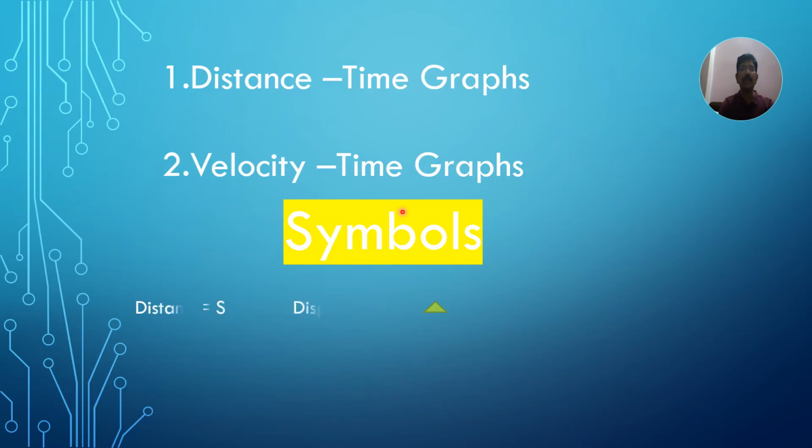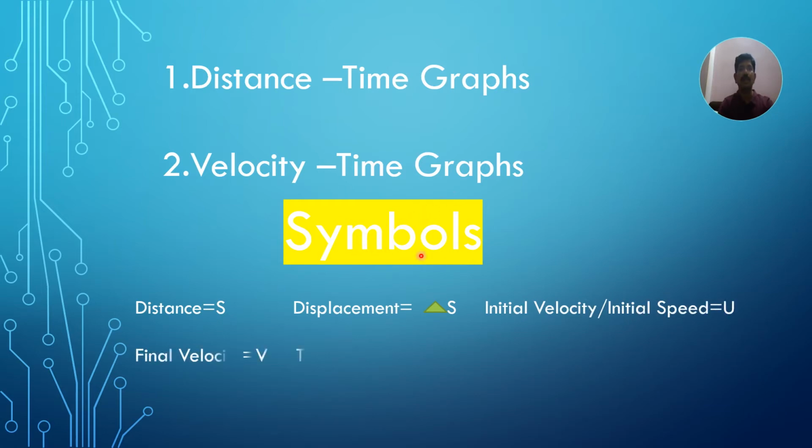Before we draw distance and time graphs and velocity and time graphs, it is better to discuss what symbols we use in this lesson. Distance is always denoted with S and displacement is always denoted with delta S. Initial velocity or initial speed is always denoted with U, and final velocity is denoted with V, time is always represented with small t, and acceleration is always represented using small a.